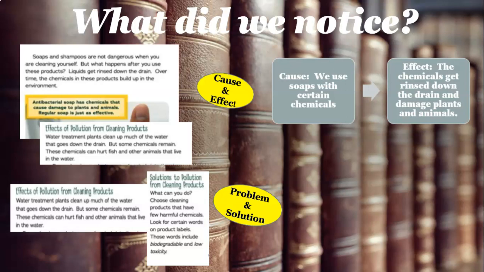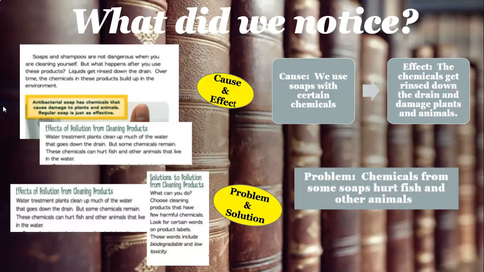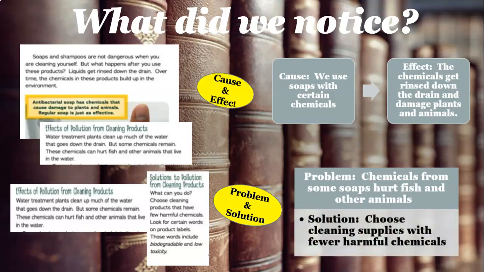Because plants and animals being harmed by our chemicals is an effect of us using those chemicals, but it's also a problem. So boom, holy smokes, what a great overlap. We can clearly see that there's a problem with using chemicals and what the solution is. Holy smokes, what a skillful way to organize information.